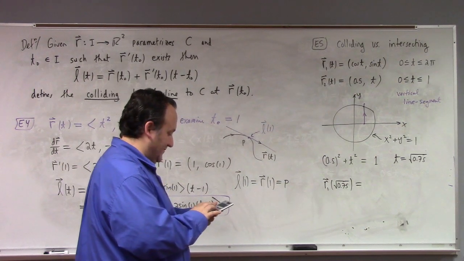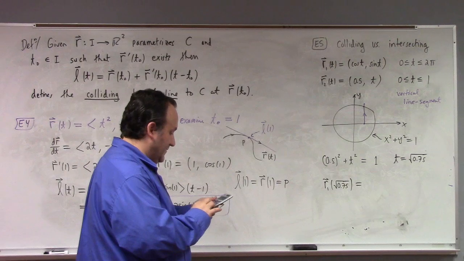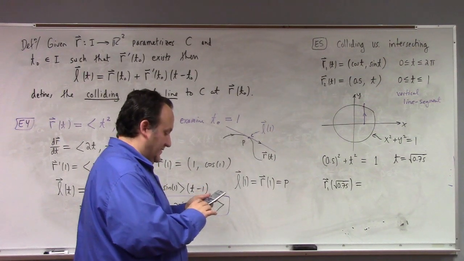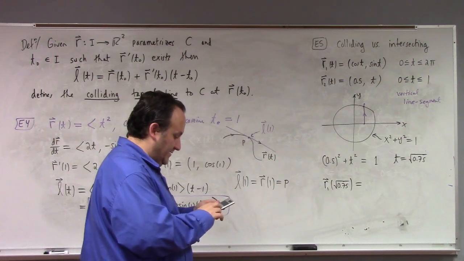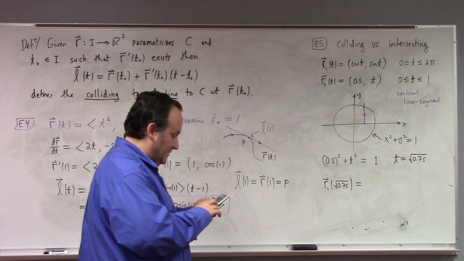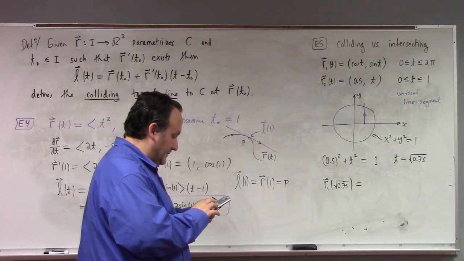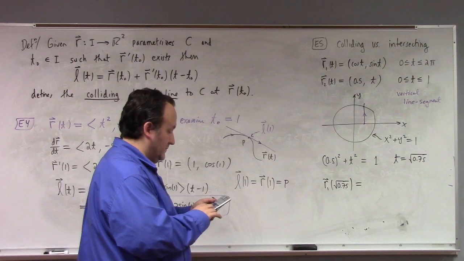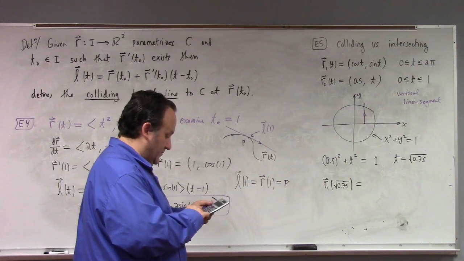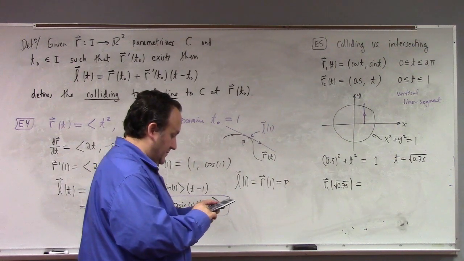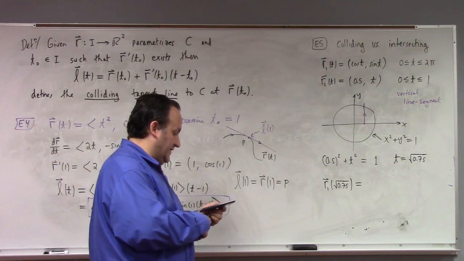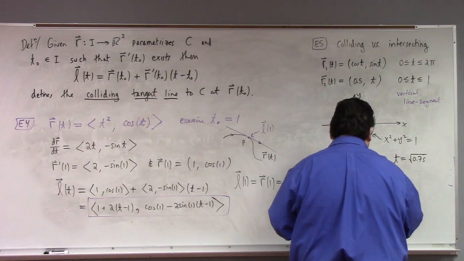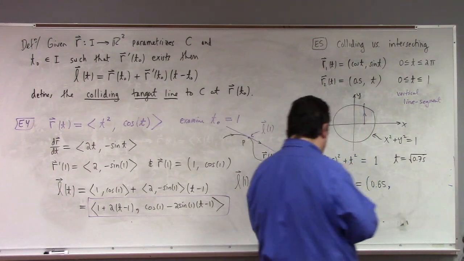Well, that's not really much of a sacrifice, is it? Let's see here. Do I want degrees? No, I do not want degrees. This is calculus. We are working in radians mode, for cosine of the square root of 0.75. So I get 0.65, and then sine gives 0.76. Whew, that was a relief.